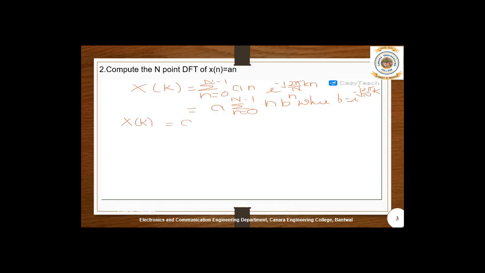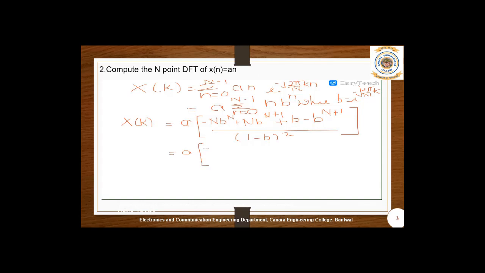minus N b to the power N plus N b to the power N plus 1 plus b minus b to the power N plus 1 divided by 1 minus b whole square. Let me substitute the value of b.